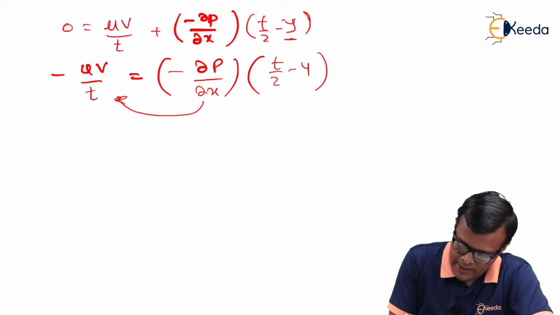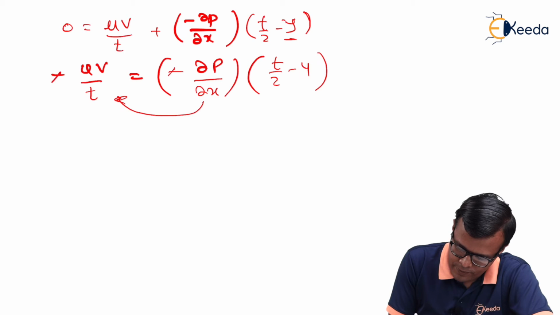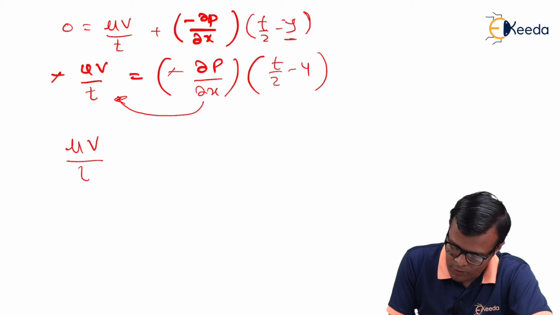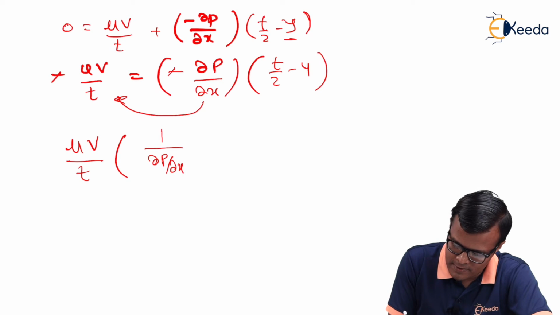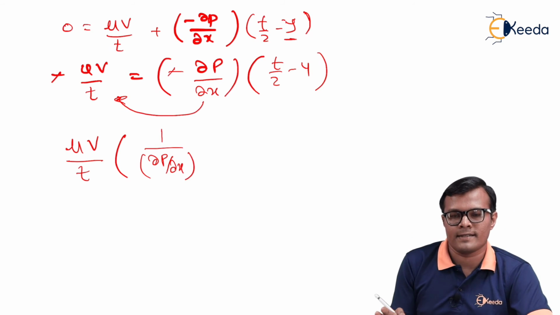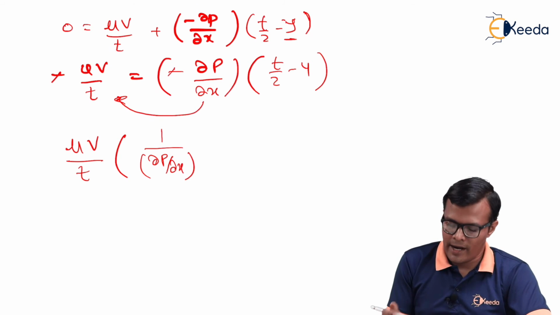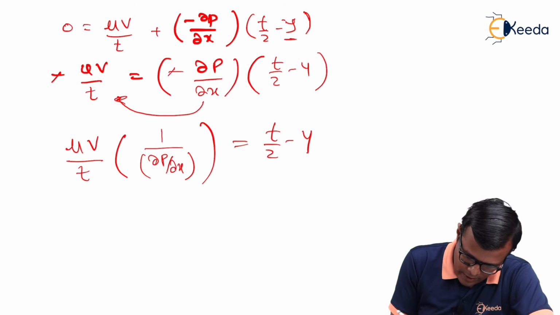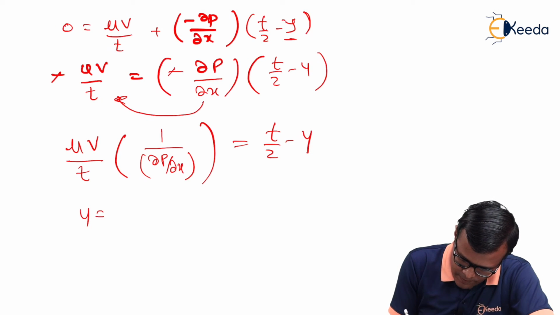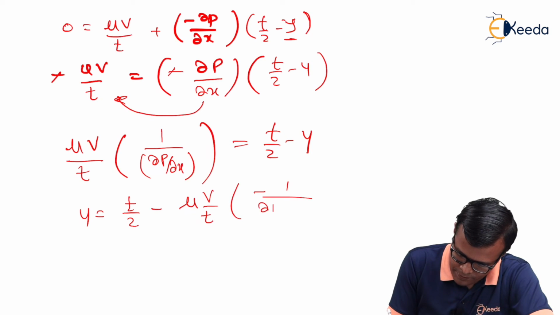So cancelling these negative signs, we have mu v upon t into 1 upon delta p by delta x. We will keep it as it is because it is nothing but the pressure gradient. So it becomes t by 2 minus y. So the value of y becomes t by 2 minus mu v upon t into minus 1 upon delta p by delta x.